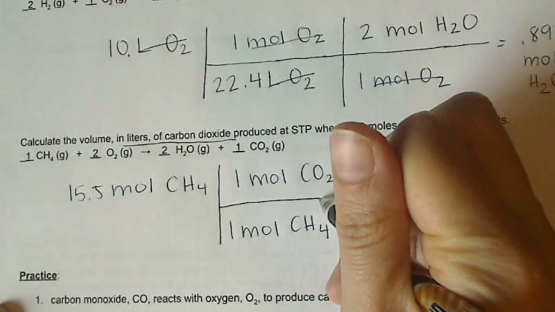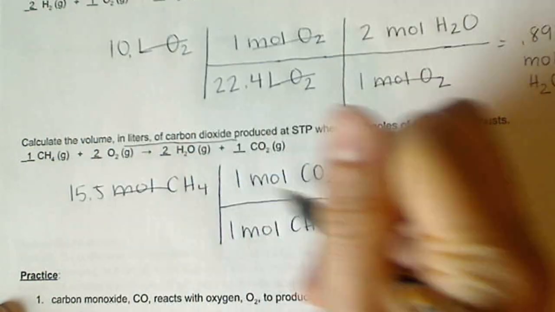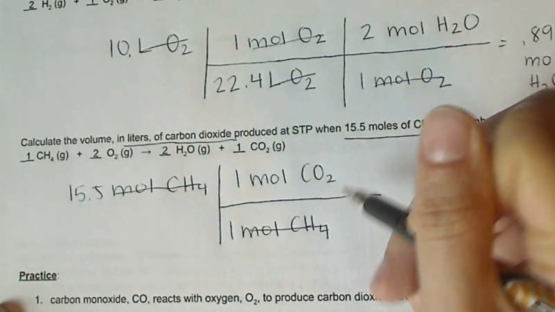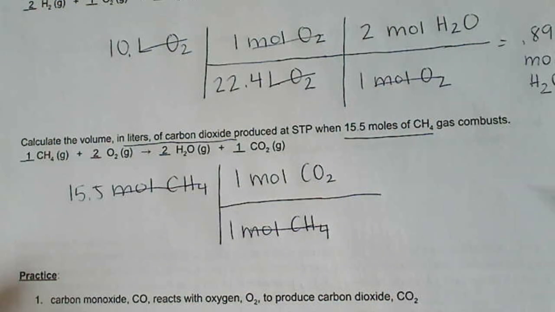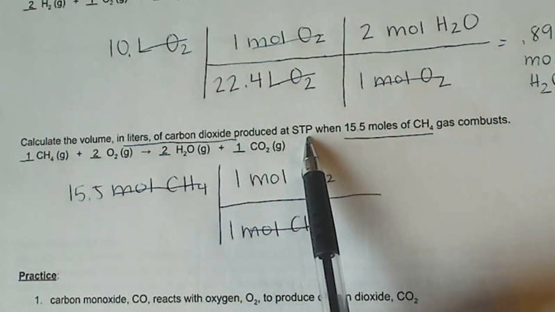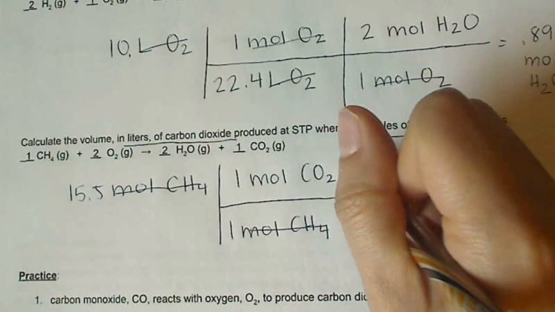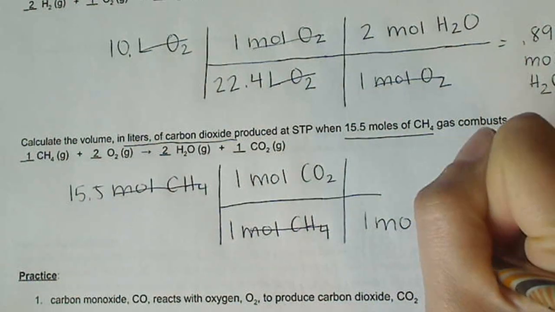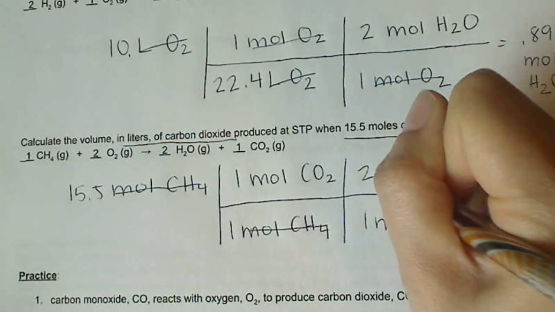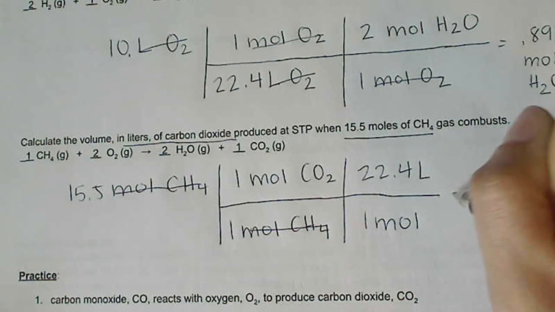At this point I've canceled out moles of methane and I'm left with moles of carbon dioxide. But remember, they want liters. Since this is at STP, I'm going to use Avogadro's principle, which says that 1 mole of any gas will occupy 22.4 liters.